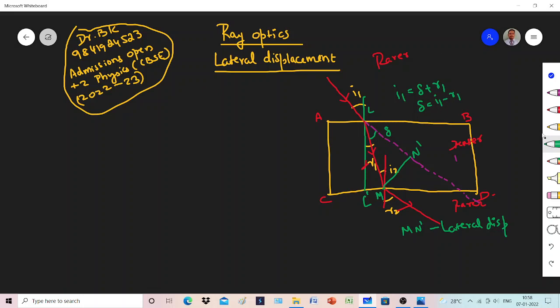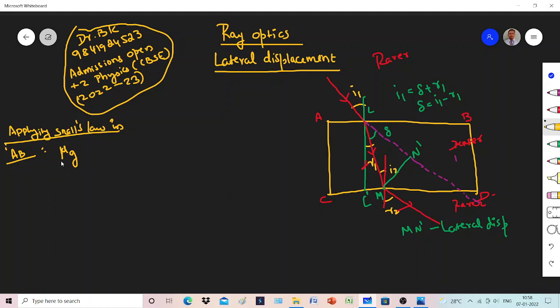So I'm going to apply Snell's law first in this face AB. Snell's law formula is the refractive index of the second medium, because here the second medium is glass, first medium is air.